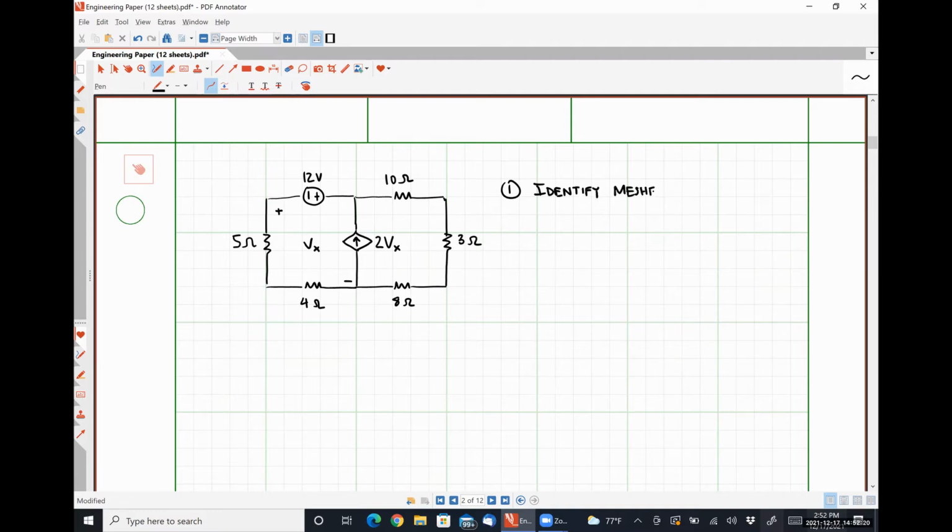Identifying our meshes. This is going to be fairly straightforward. There are exactly 2 of them. This one in red and this one in blue. Our next step will be to label our meshes.